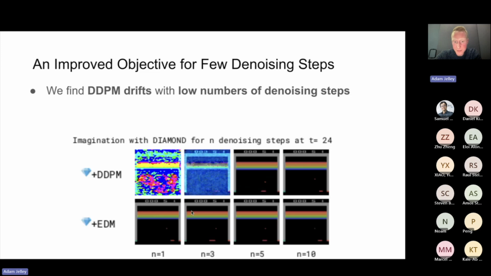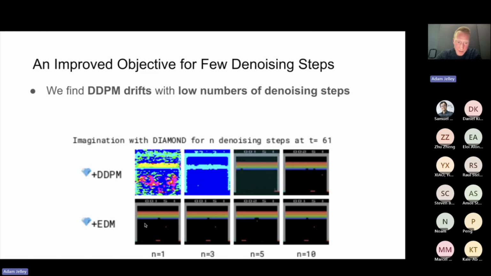As we increase the number of denoising steps, the model drifts out of distribution more slowly. And if we go to 10, we see here that the model remains stable, at least for the horizon being considered here of 1,000 time steps.